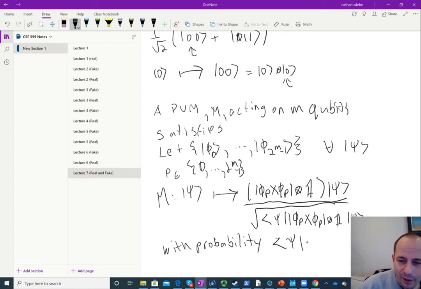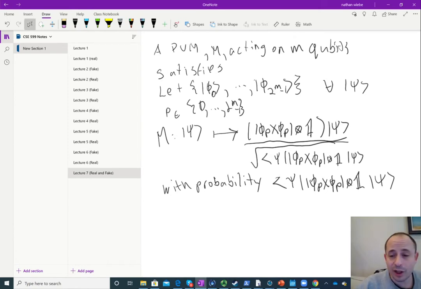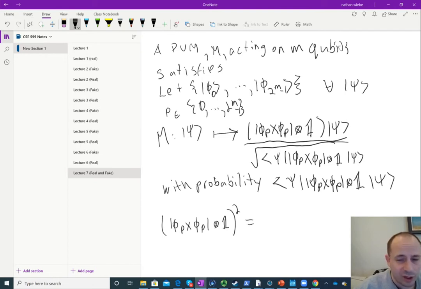The probability is the absolute value of <psi|(|phi_p><phi_p| tensor identity)|psi>. So this is just an elaboration on the rule that we discussed previously. The probability of performing a measurement over here and getting outcome phi_p is just the expectation value of that projector. And we can see that this is a projector, hence earning its moniker, because (|phi_p><phi_p| tensor identity) squared is equal to itself.